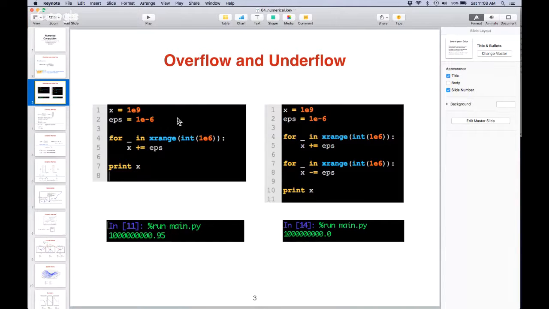Analytically we know that if you add a millionth a million times to a constant number, you're just going to raise it by 1. But in Python, if you run this in the IPython shell, you will see that you're not going to get exactly 1, because the rounding errors at each iteration of these million iterations add up cumulatively, and it's going to give you about a 5% error here.